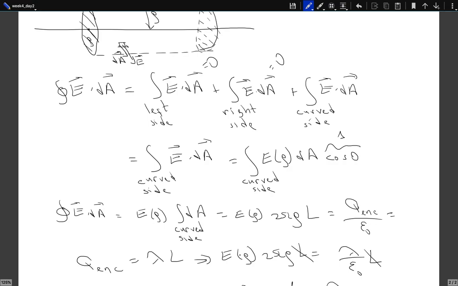But all of those patches are at a distance rho from the wire. So as I go from patch to patch, rho doesn't change. Since as I go from patch to patch, rho doesn't change, for this integral, rho is a constant. I'm not changing rho in that integral. That is why I can take it out of my integral. And what remains is just the total area of the curved side.